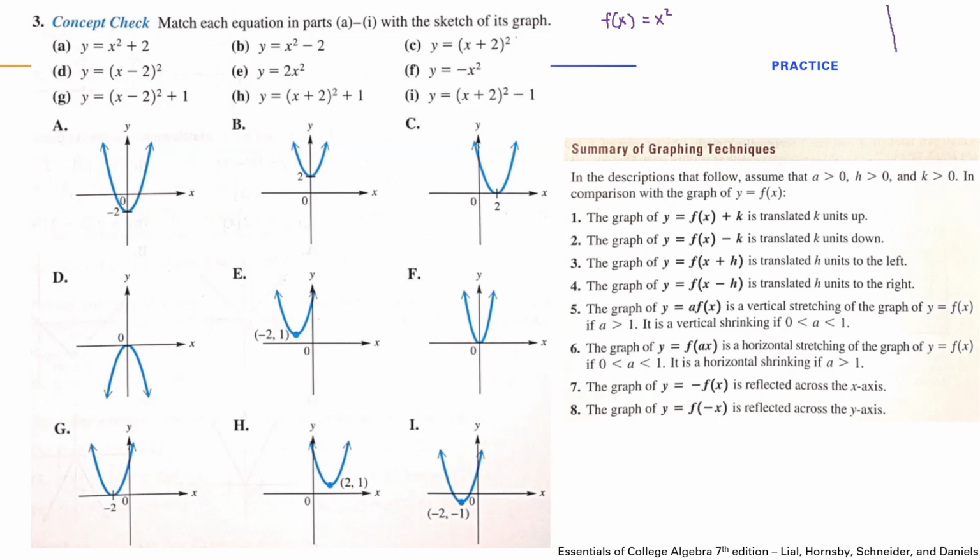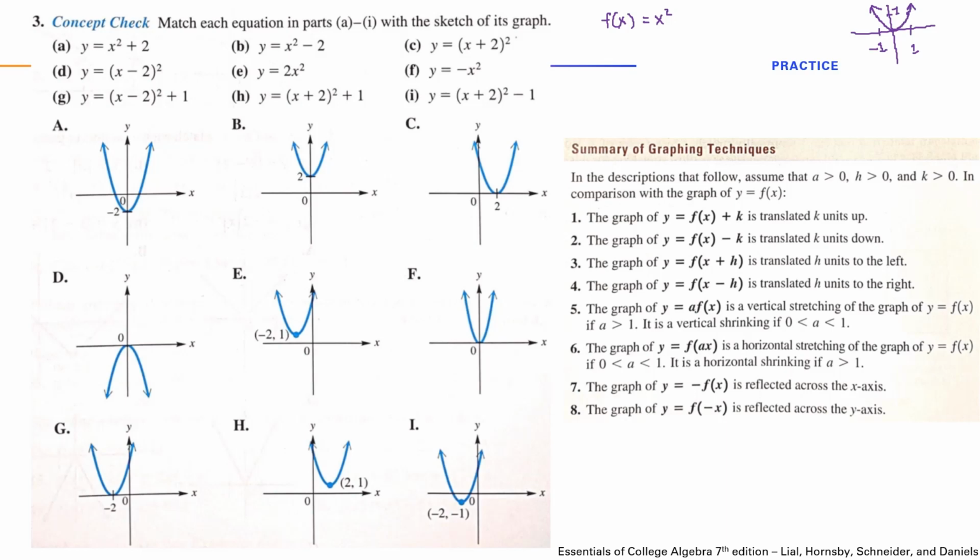And the graph of f of x equals x squared is here is 1, negative 1, here is 1, so that goes up like that, that U shape.